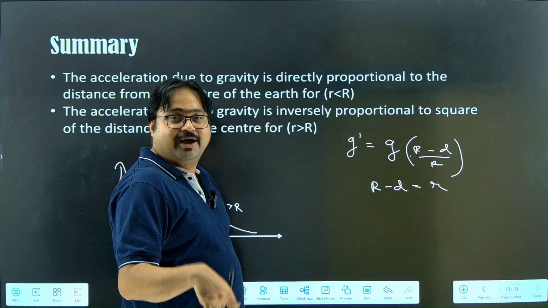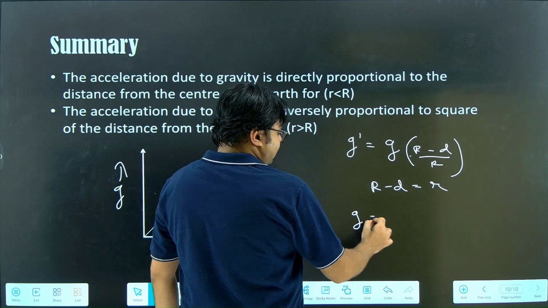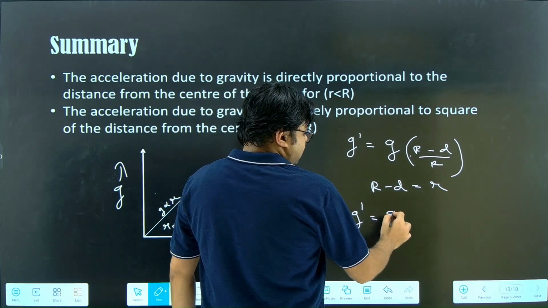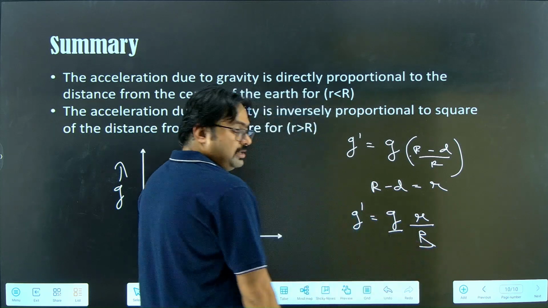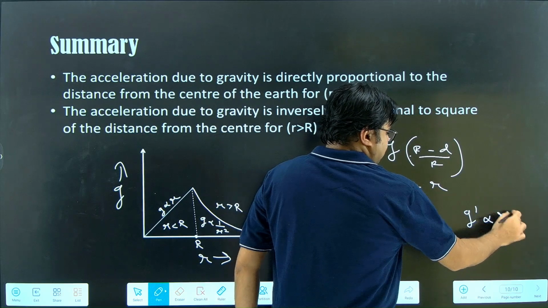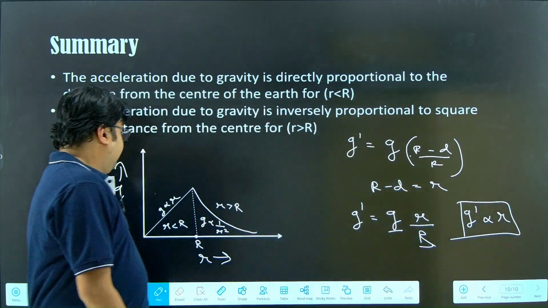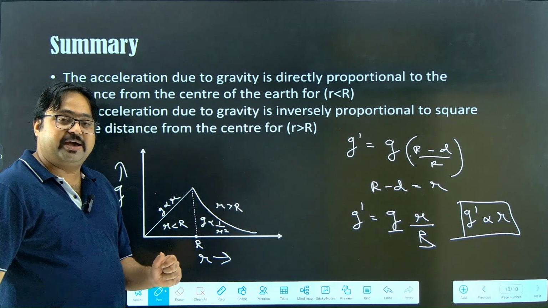You can go back to the video and see that R minus D was simply the distance from the center of the earth. G dash becomes equal to G into R divided by R. Anyway, this G and R are constants. You will see that G dash would be proportional to R. So it's proportional to R inside, inversely proportional to R square outside.